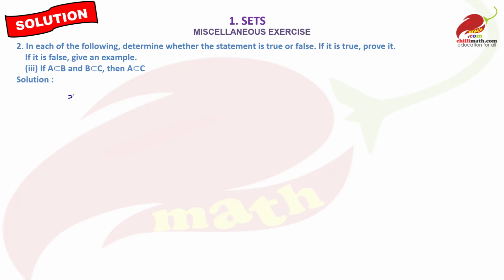Because suppose any element x belongs to A, and A is subset of B, then it will definitely belong to B. And this also we are given, B is subset of C. So if x belongs to B, then x will definitely belong to C. So here we have x belongs to A and here x belongs to C, then definitely A will be subset of C. So it is true.